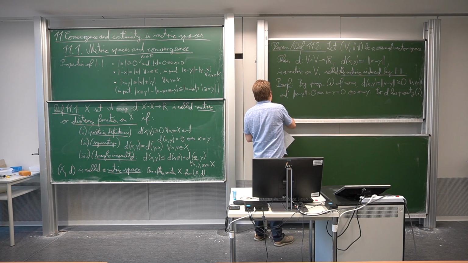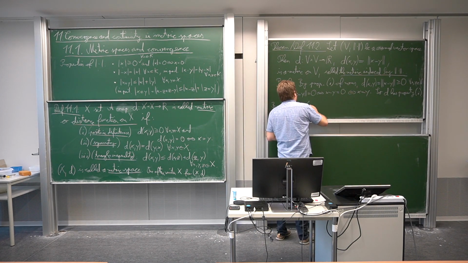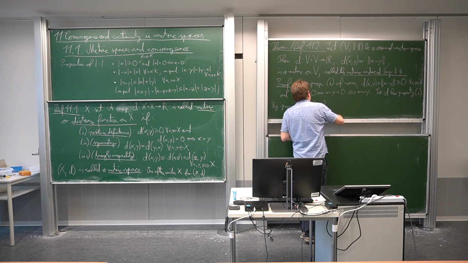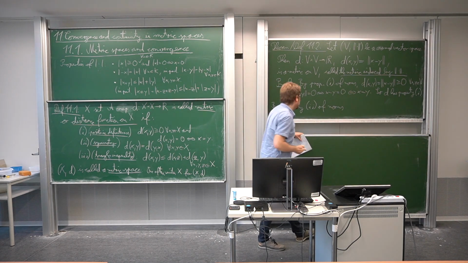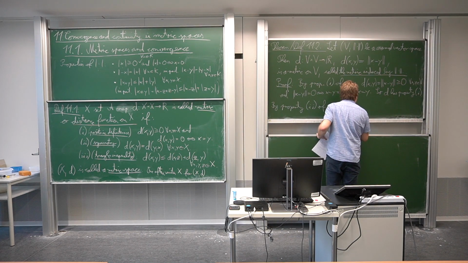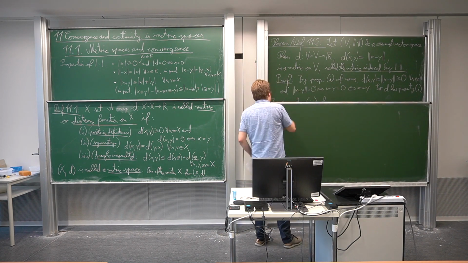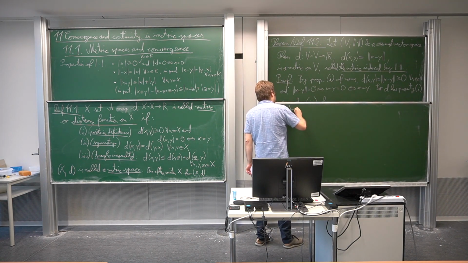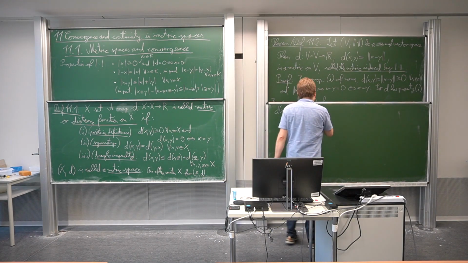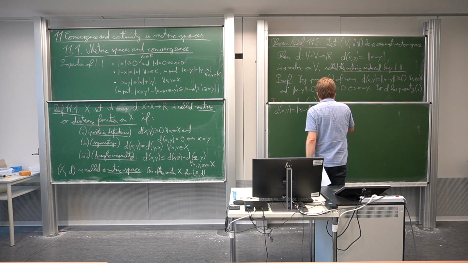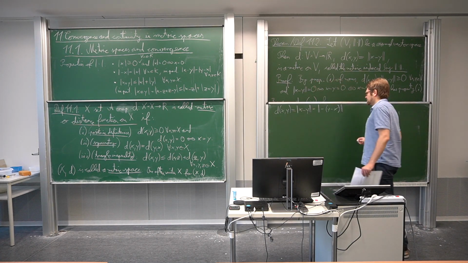By property 2 of norms, this was the property of scalar multiplication and putting this outside with the absolute value, we get that d(x, y), by definition the norm of x minus y, is the same as the norm of minus (y minus x). This is just playing around with the vectors.